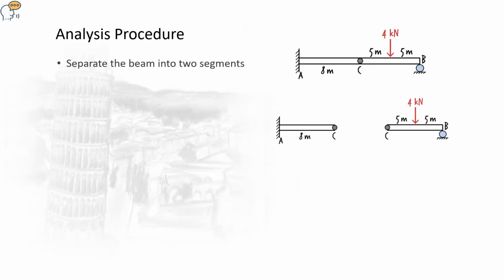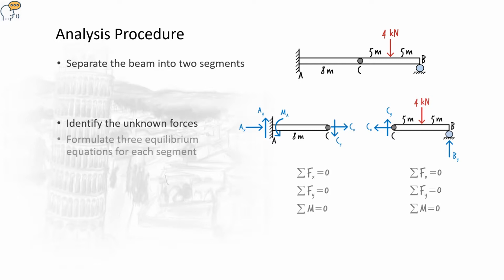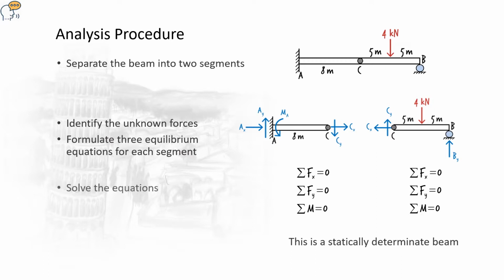First, we separate the beam into 2 segments at point C. Since no bending moment is present at the hinge, we get a total of 6 unknown forces for the left and right beam segments. Furthermore, since we can write 3 equilibrium equations for each segment, we get a total of 6 equations. Since the number of equations equals the number of unknowns, the beam is considered statically determinate. Therefore, we can solve the equations for the unknowns.